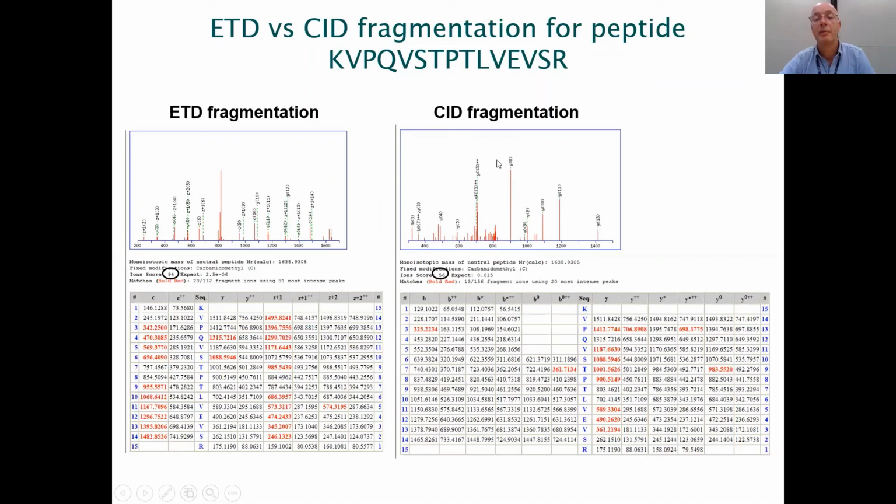So this is an example of non-random fragmentation. So our coverage for ETD is more extensive, and critically, our ion score, so this is how good the match is with the database, is much better. So here we have an ion score of 94 versus an ion score here of 56.